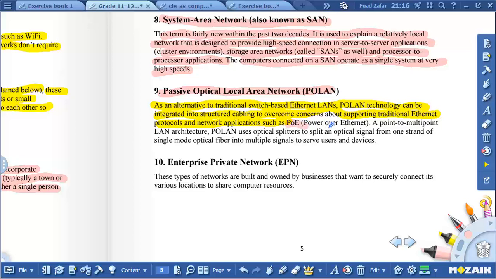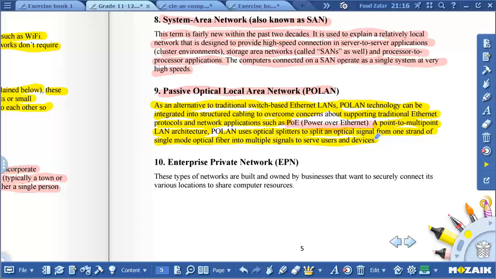Now, what is PoE? Power over Ethernet. It is a point-to-multipoint LAN architecture. A POLAN uses an optical splitter to split the optical signal from one standard strand of single-mode optical fiber into multiple signals to serve user devices.